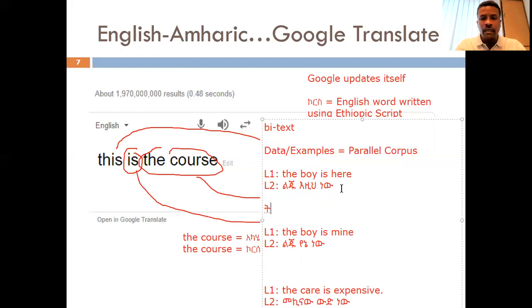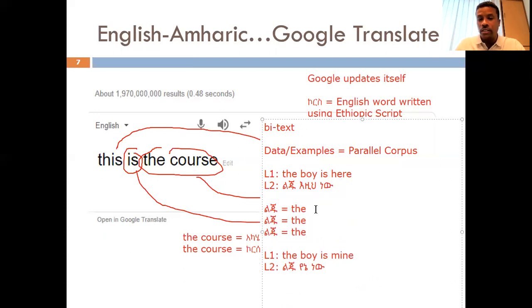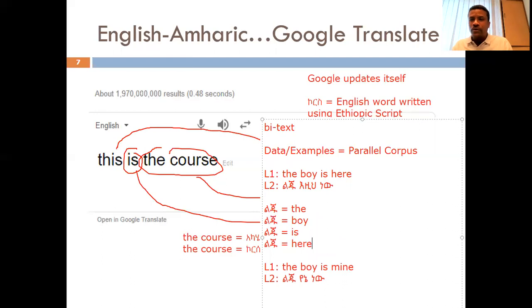So what can we say? We can say the Amharic word ልጁ can mean any of these, because I have no information, mind you. It seems odd, but for the machine, this is correct. ልጁ can mean boy, or is, or here, because I have no clue of what ልጁ is. Or you can also plan this as a phrasal structure.